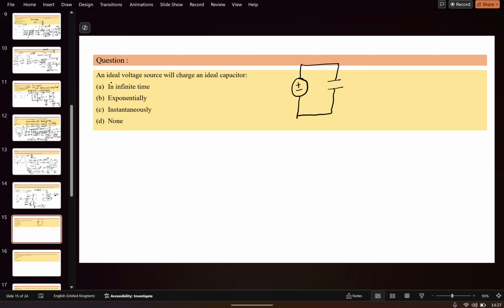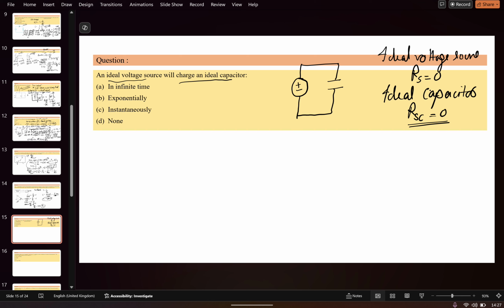You have to remember these two things: the ideal voltage source has series resistance Rs equal to 0, and similarly the ideal capacitor has no resistor in between, so Rs of this C is also equal to 0. So this is a capacitor C, this is a voltage V. In what amount of time will it charge this capacitor?